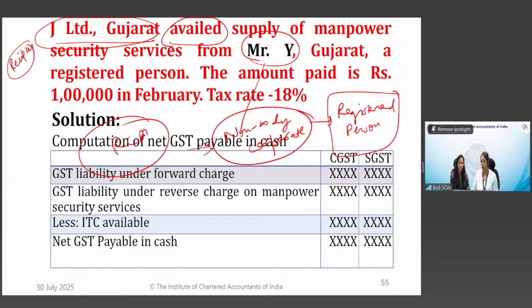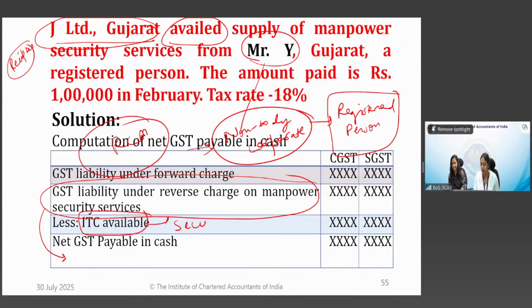Now, what is the mistake committed here is that these manpower security services should have been added here. If any ITC which you are taking on any inward supply, or the tax on which is payable under reverse charge, if your ITC is related to a service where tax is being paid under reverse charge, then you can take ITC of that service. In the ITC you have included the security services.